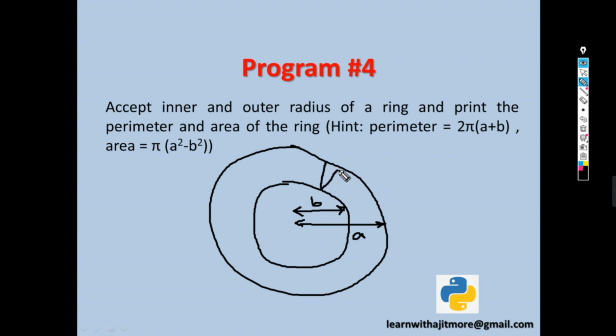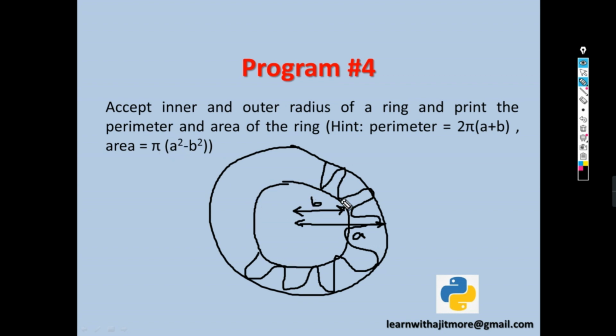Now what about the area? We are supposed to calculate the area of this ring. So how we will calculate? We will take the area of the outer circle minus inner circle. Outer circle area will be pi r square, but r is a, that is pi a square.